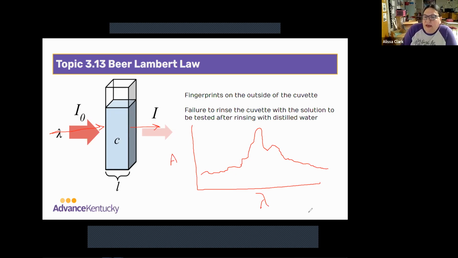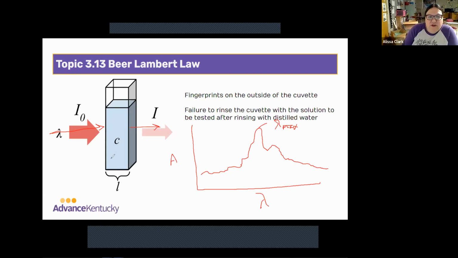And so one of the factors that it is important to consider when choosing a particular wavelength of light, actually the important one, is what is the wavelength of maximum absorbance? You want to make sure that you are using the wavelength of maximum absorbance for the substance that you are trying to study, because that way you are going to get the best differentiation in results. So there's one variable you have to consider.